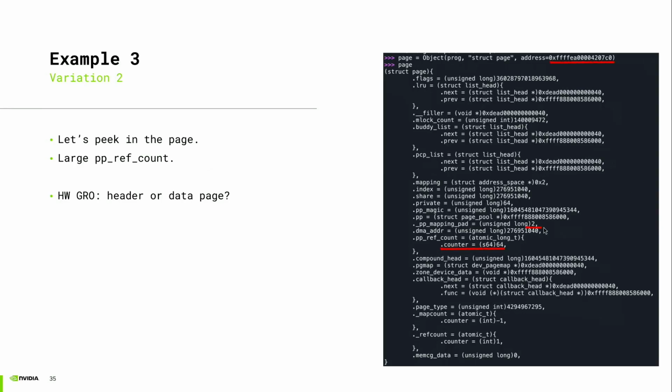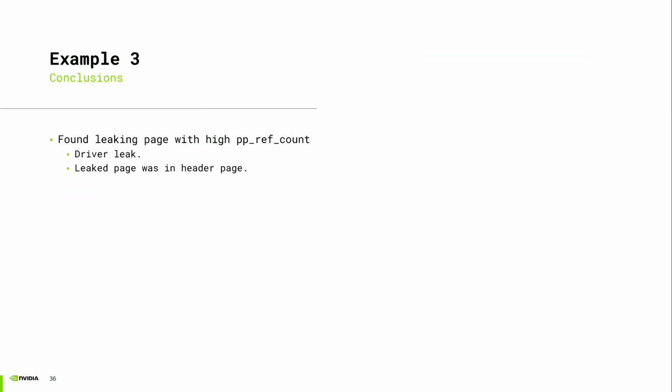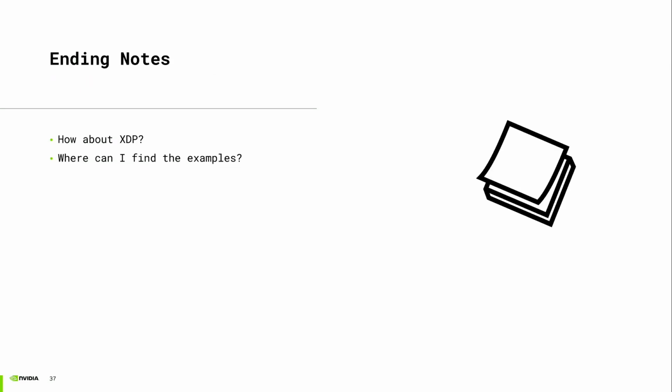I had to modify the driver in this case, so it was not read-only. But I know that the bug is in the header part, the releasing of the header pages. All right, so this is what we found: this is a driver bug, and it comes from a header page that is incorrectly released.